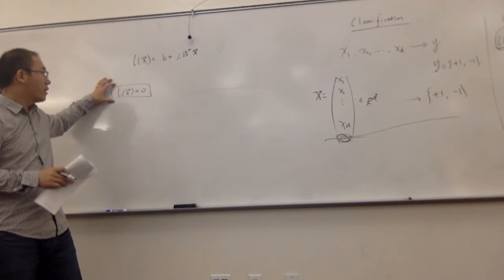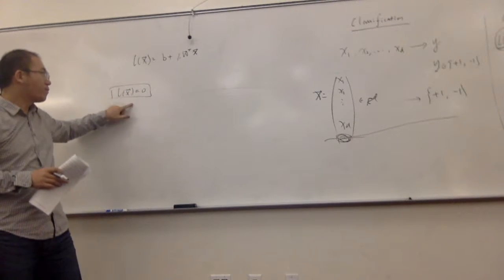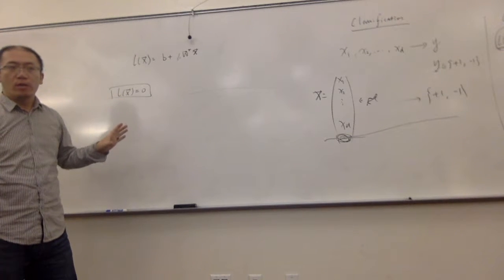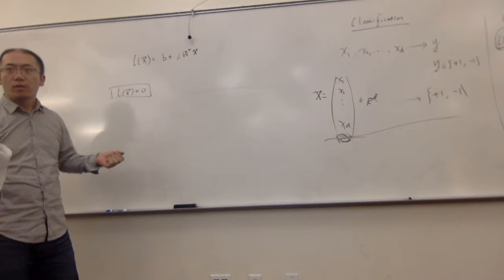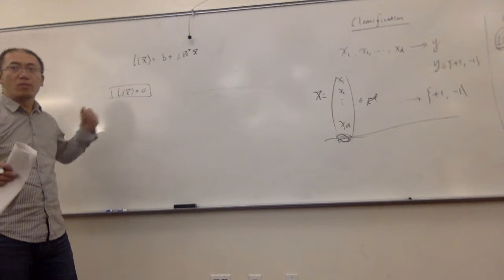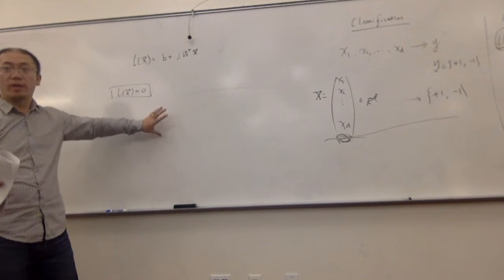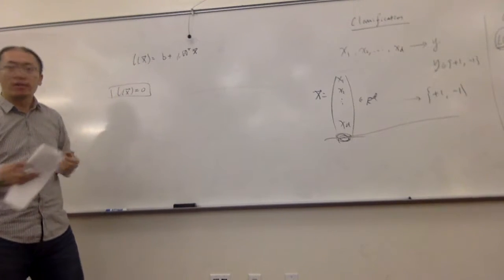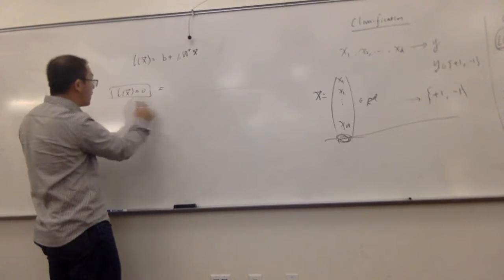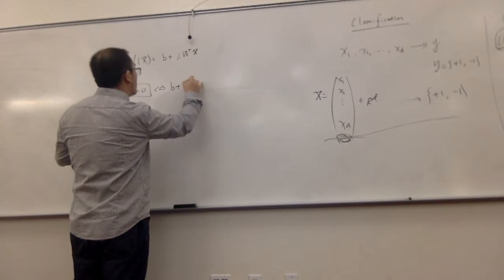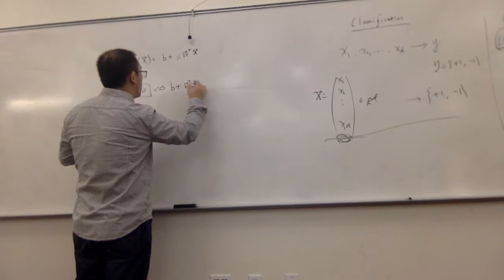But what if I want to look at all the instances such that the classification function value is exactly 0? What kind of geometric properties does it represent? We can start with a simple case. For linear classification, it becomes b plus the inner product between w and x equals 0.